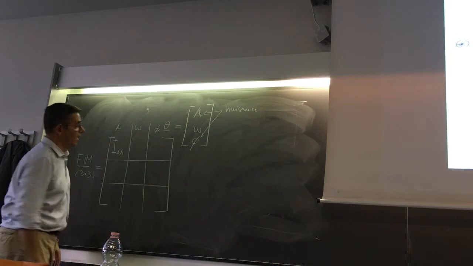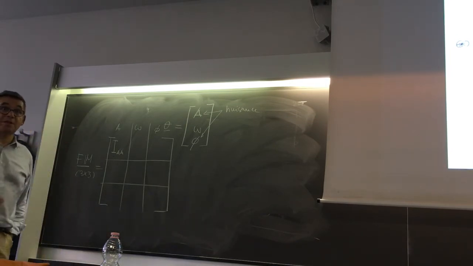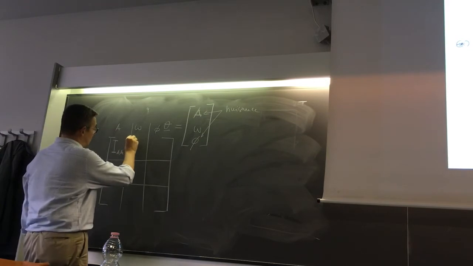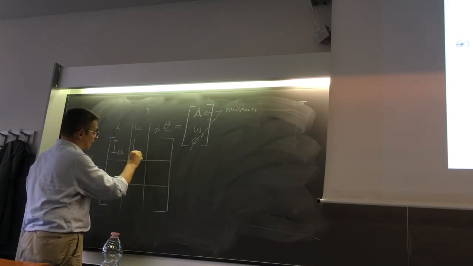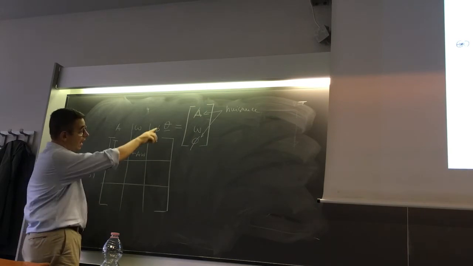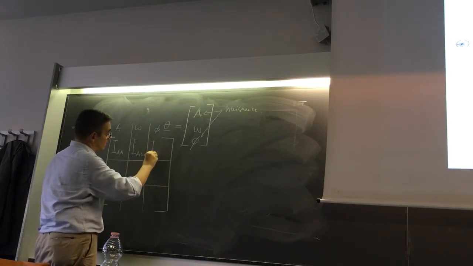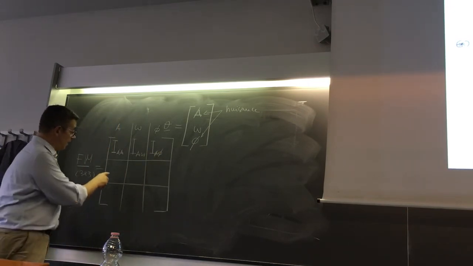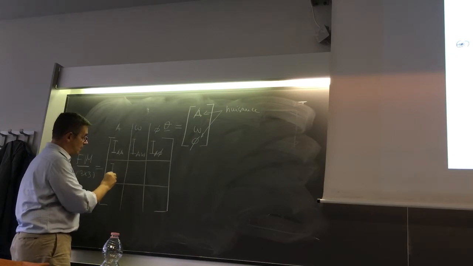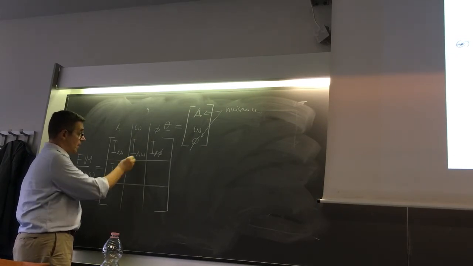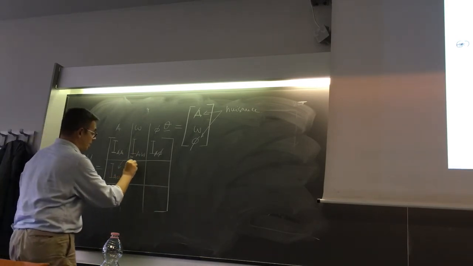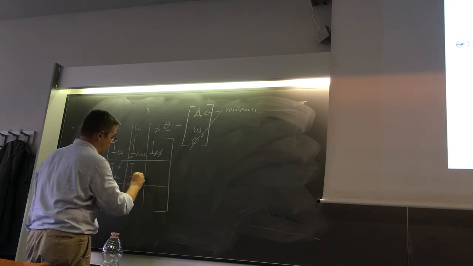In the same order. Now the ordering of the Fisher information matrix is crucial. If you make a mistake on ordering, you don't get anything. In the second position, I have the term between amplitude and omega. In the third position, I have the term between amplitude and phase. Then here I have the term between amplitude and omega again. It's the same because the matrix is symmetric. Here I have the term for omega.